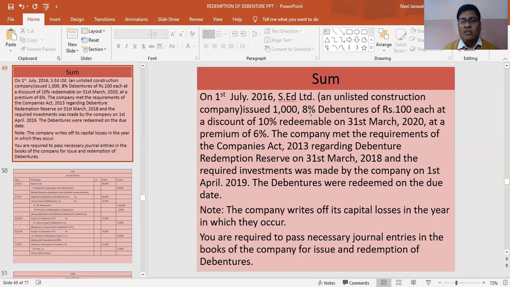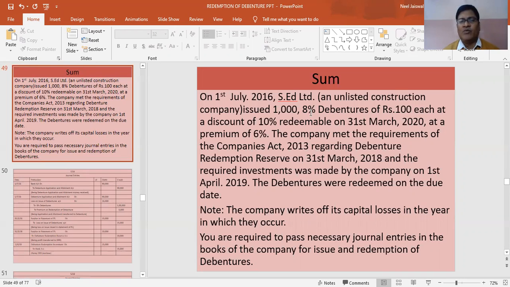They have issued 1,000 8% debentures of 100 each at a discount of 10%. That means 90 rupees per debenture they have issued, redeemable at a premium of 6%. They are redeeming at 6% premium. Now, this premium is also calculated on the nominal value, students. That means the premium is 6 rupees per debenture, which has to be paid on redemption.